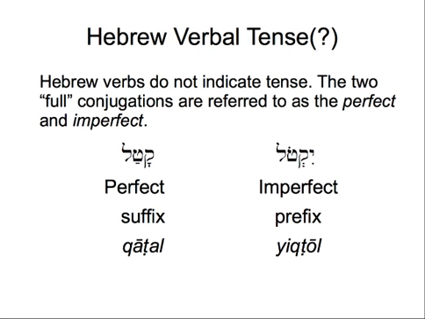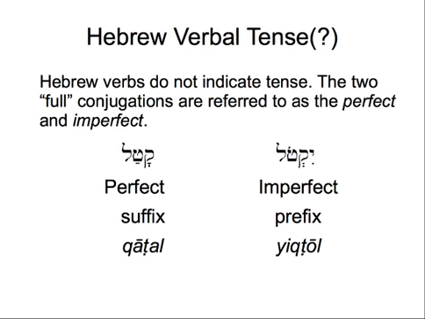We're going to simplify things as much as possible so that we can get our heads around the Hebrew verbal system here. So we're going to look at really two main conjugations here, one being the perfect and one being the imperfect. You'll also hear these referred to as the suffix and prefix conjugations, or the qatal and yiqtol conjugations. You'll see later on, this qatal has become kind of a standard for paradigms.